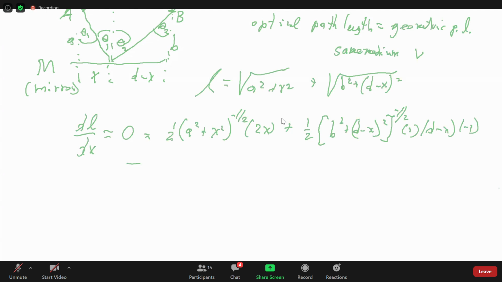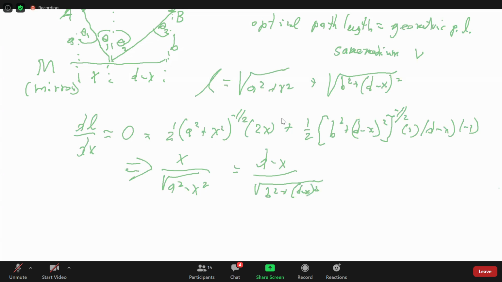So we simplify, and we get x over the square root of a squared plus x squared is equal to d minus x over the square root of b squared plus quantity d minus x squared.